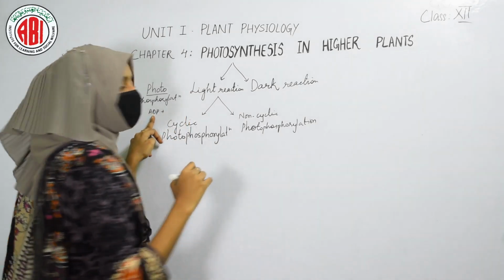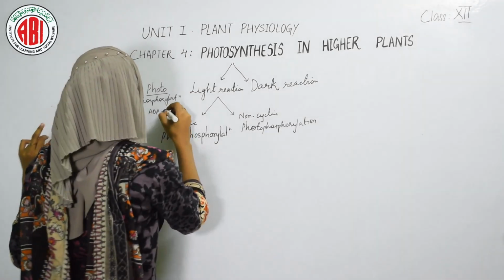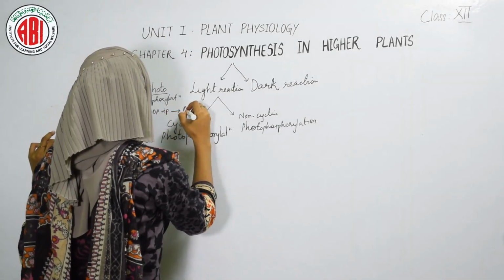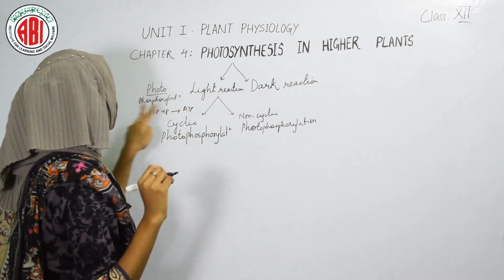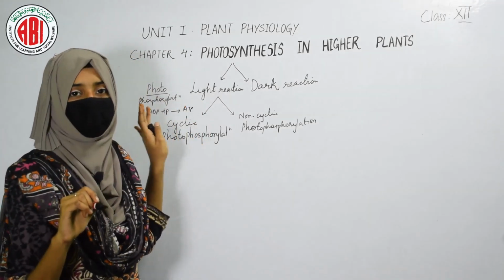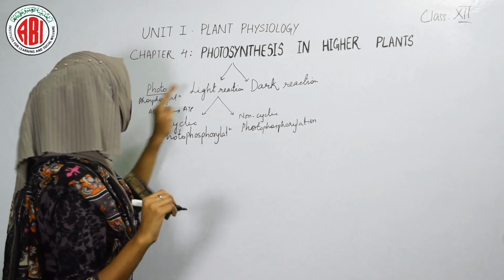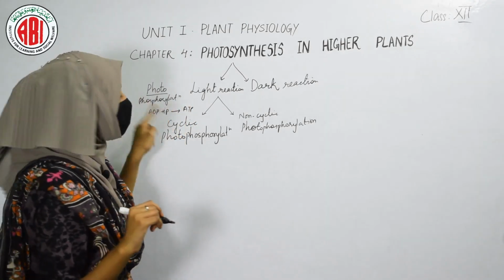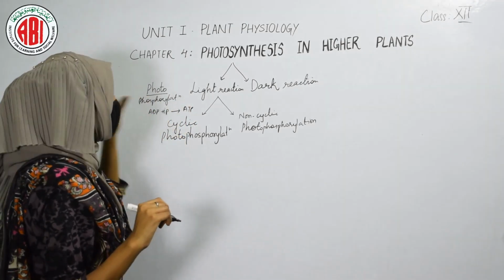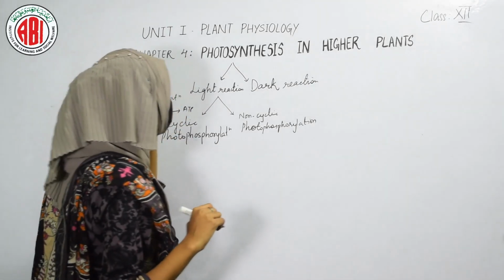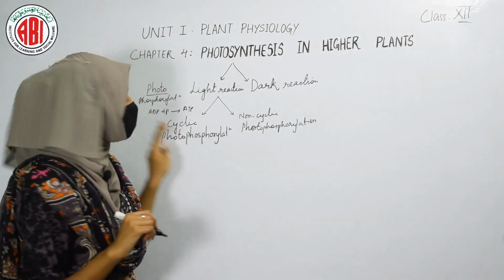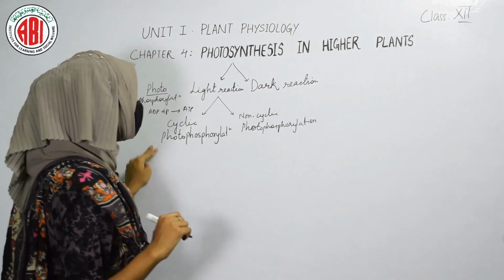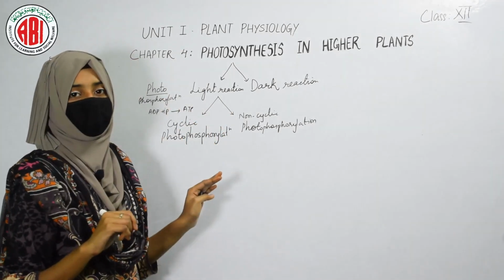In ADP, in diphosphate, when we add inorganic phosphate, it results in the formation of ATP. So in this light reaction, ATP can be synthesized. That is the reason it can also be called photophosphorylation. And this light reaction shows two main processes, cyclic photophosphorylation and non-cyclic photophosphorylation.